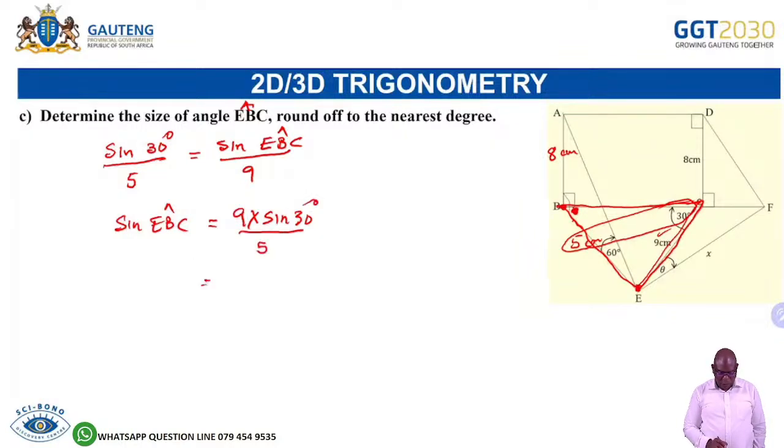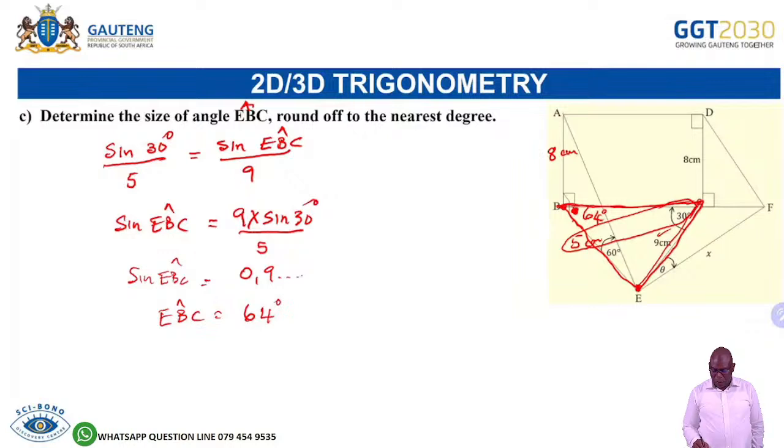Then I can just use my calculator. Sine of EBC will be equal to 0,9. Then EBC as an angle, shift sine 0,9, then I'll get that angle at 64 degrees. All right. So this angle here now is 64 degrees.